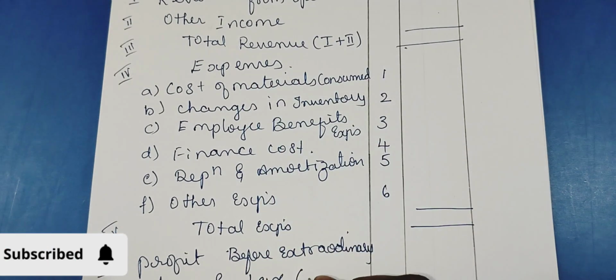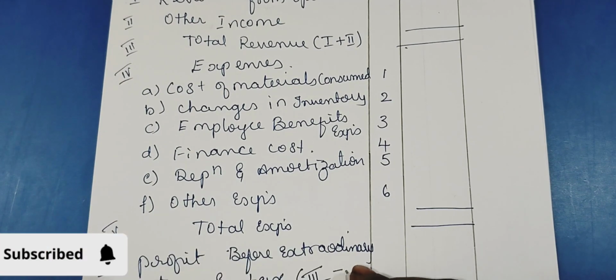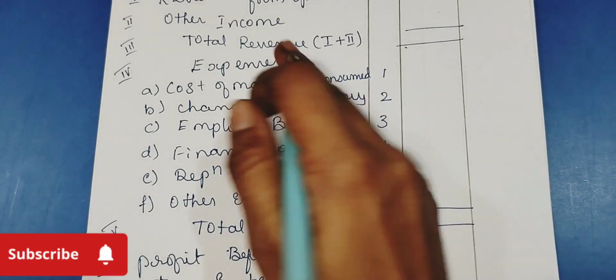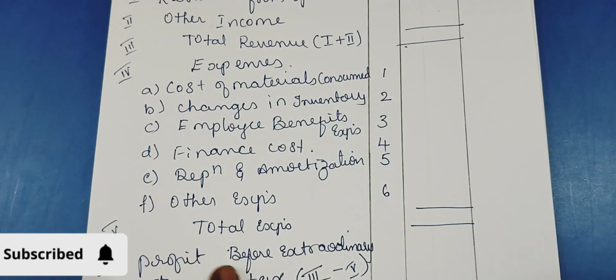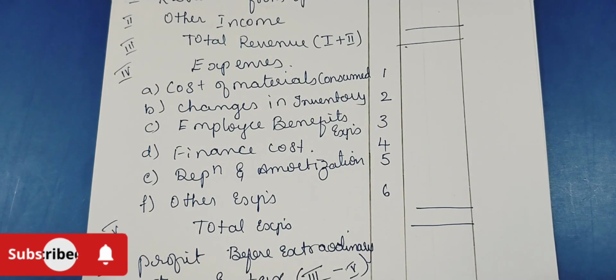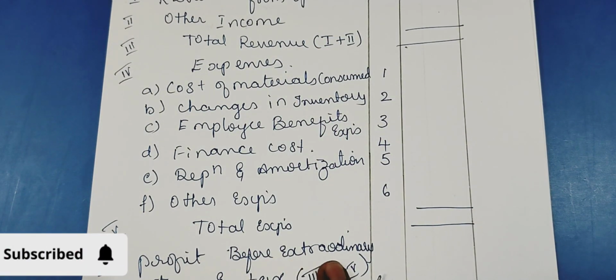By taking the third amount, from the third amount we deduct the fifth one. Total revenue minus total expenses. We'll get profit before extraordinary items and taxes.